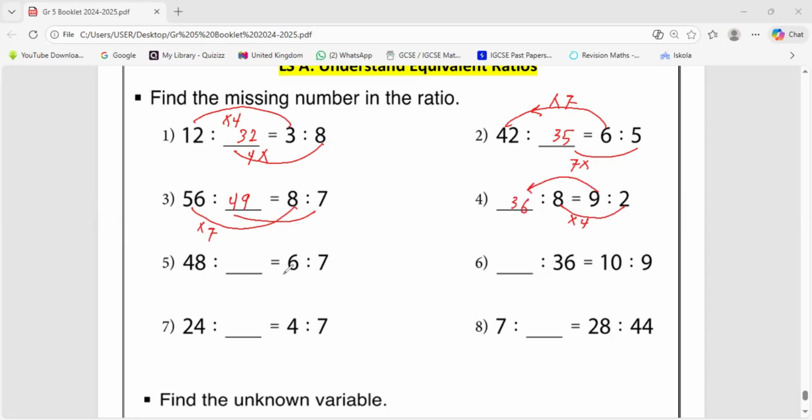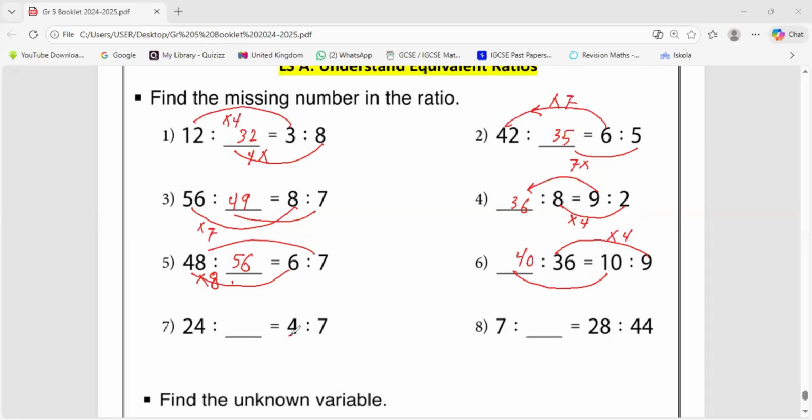6 multiplied by 8, we get 48, and also 7 multiplied by 8 is 56. And here 9 becomes 36, multiplied by 4, and 10 multiplied by 4 is 40.